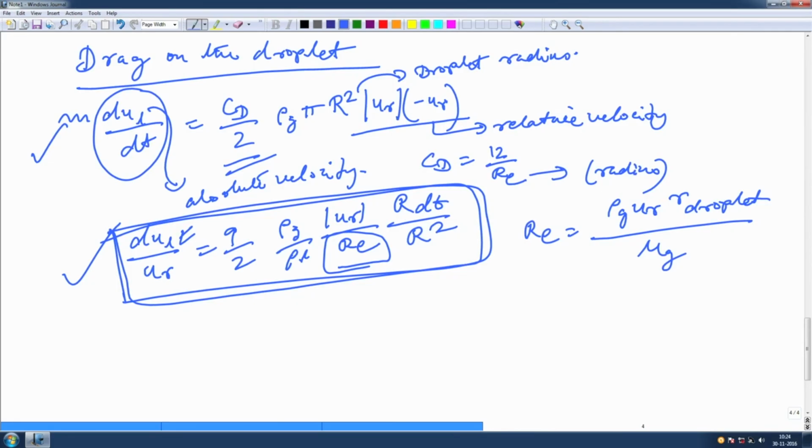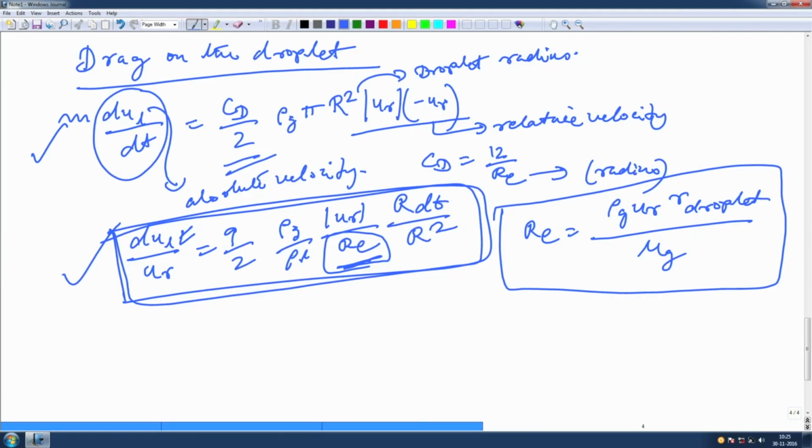That is because, as we established, even with evaporation RE does not reduce by that much, and the equilibration of the velocity happens very fast, the droplet gets entrained into the flow field. So, the velocity deficit reduces pretty fast. This is the expression for the Reynolds number that we are going to use for the gas phase.